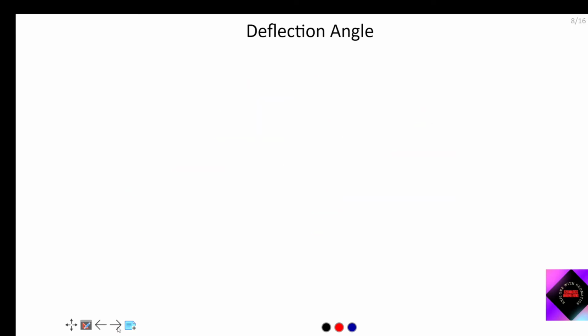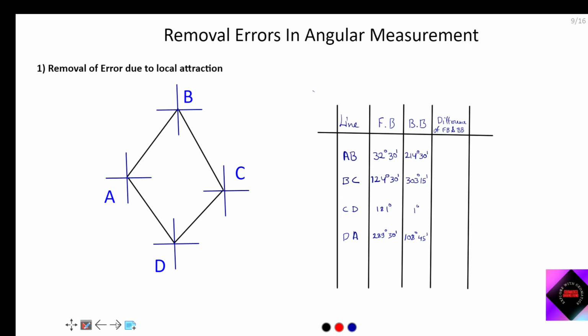Now moving to some extra part of this video, that is removal of errors in angular measurement. We have already seen local attraction in our previous video, what it is and what happens due to that. So let's see how we can remove errors due to local attraction. For that I am taking help of an example.